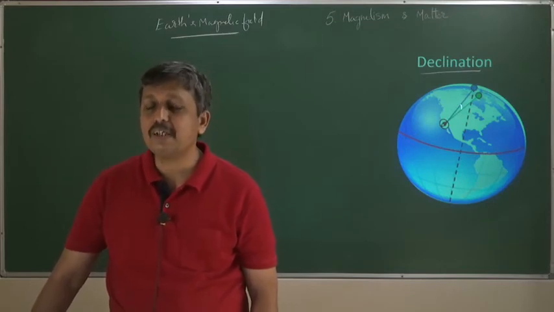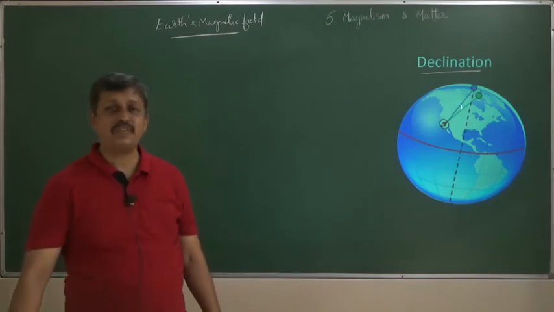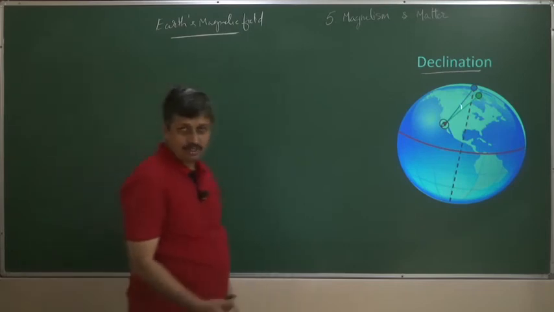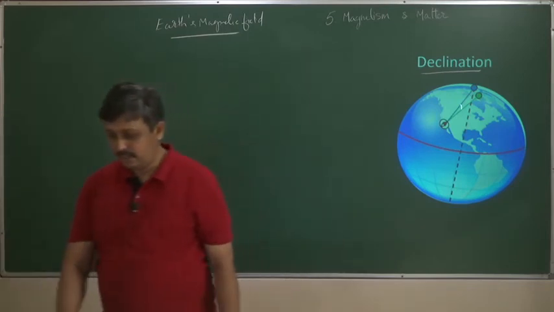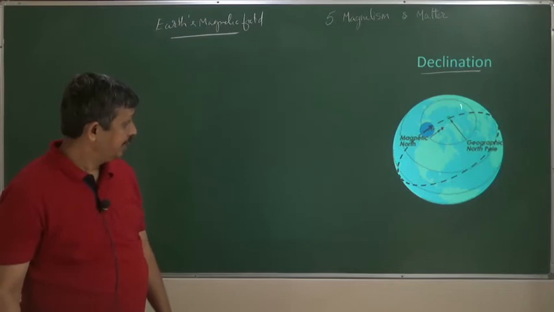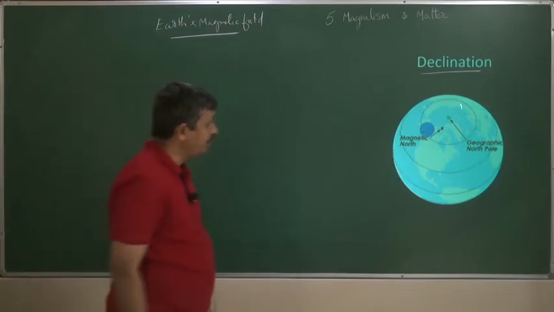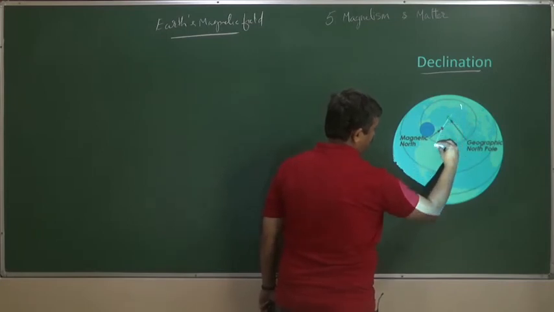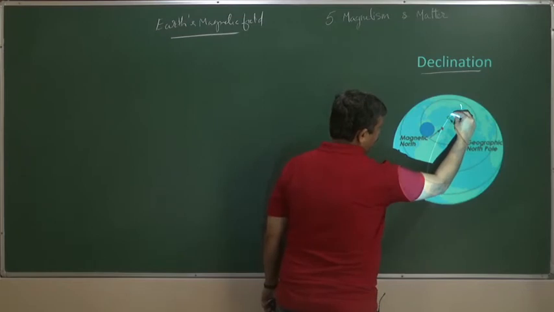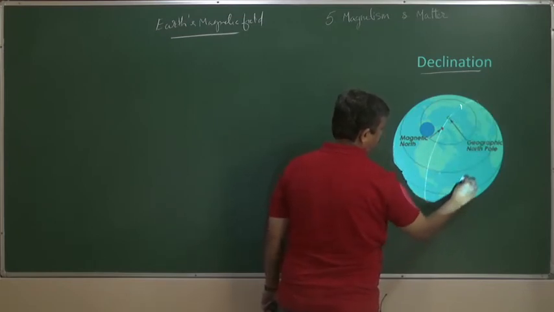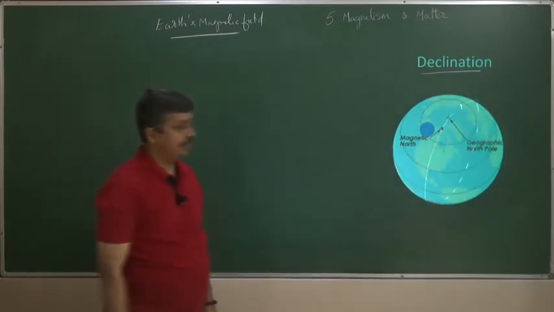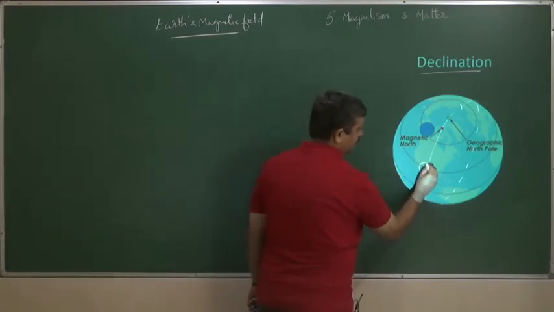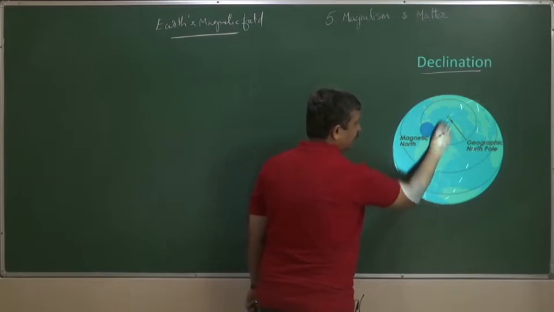But in some places the value of that is very small. For example, if you take any line joining these two points and draw some kind of a circle on that line, wherever you go and put your needle, it will show like this only.